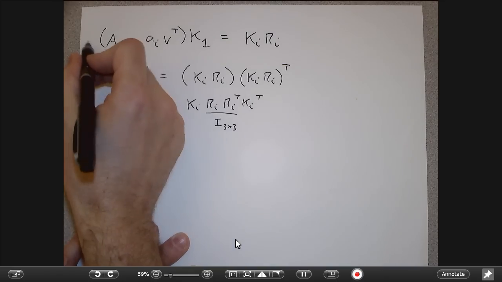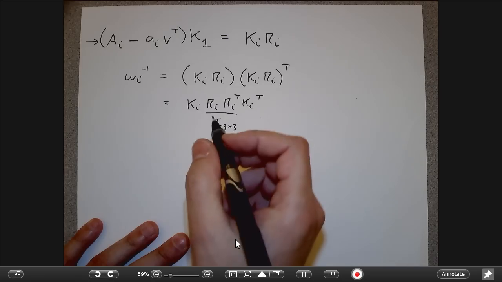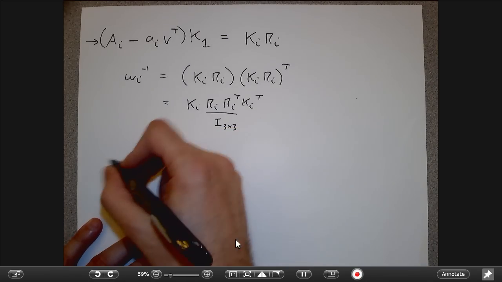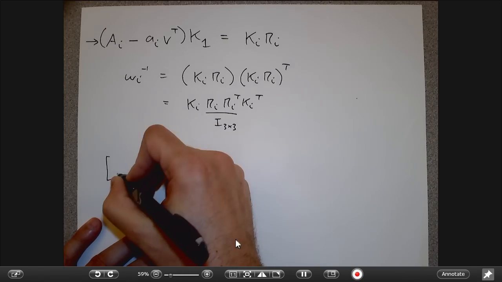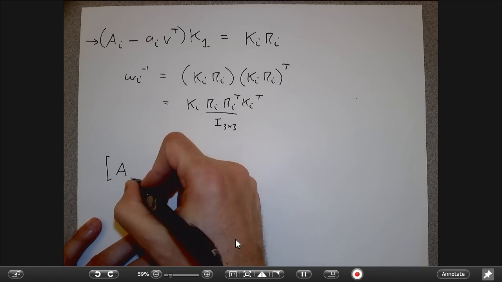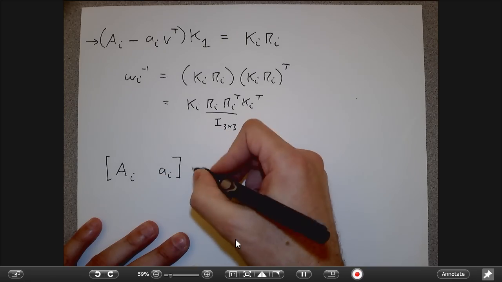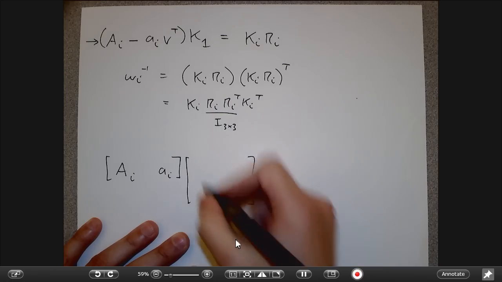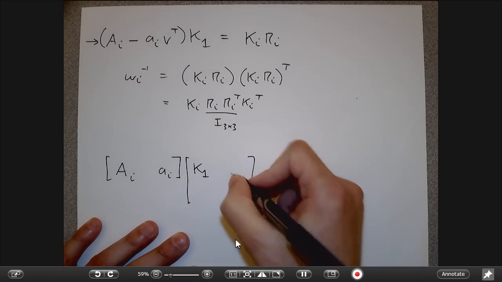Okay, so the key question is, why is that thing true? So let's think about it. What I have is A_i transpose, and I multiply that by my H. My H is in the form of this.